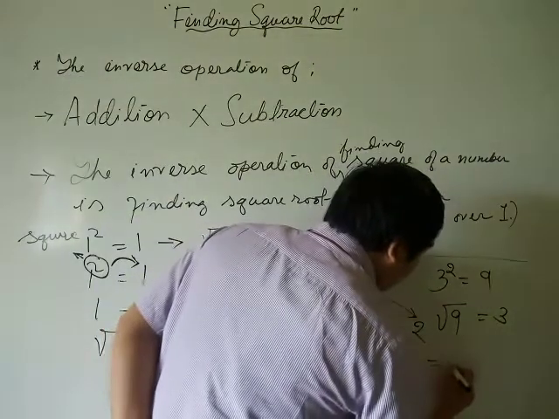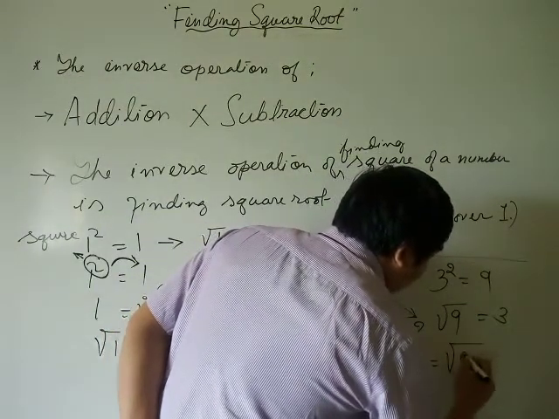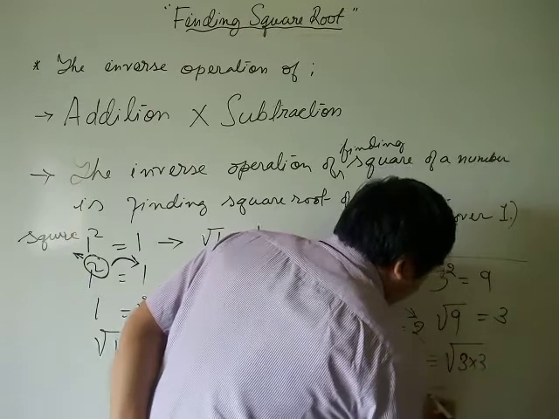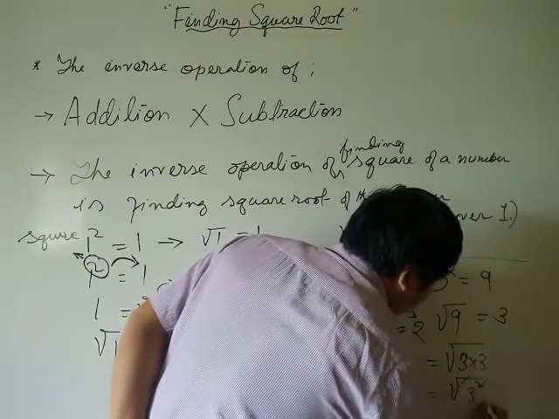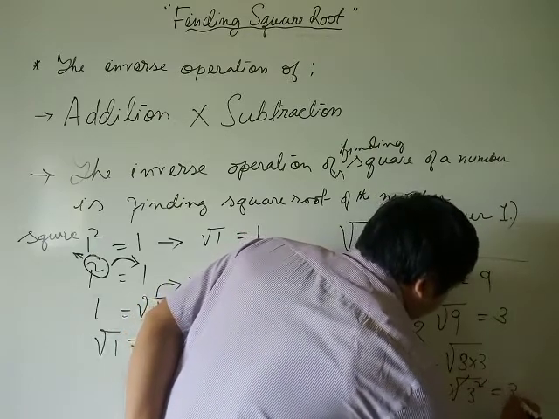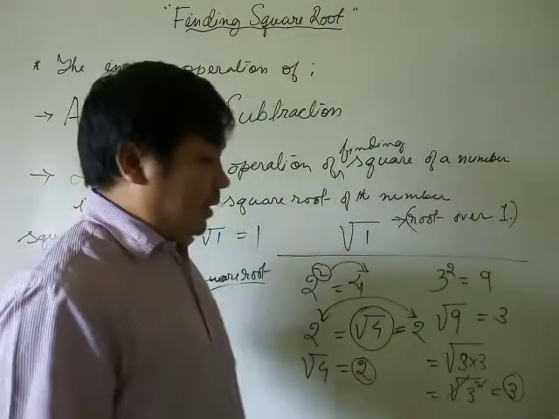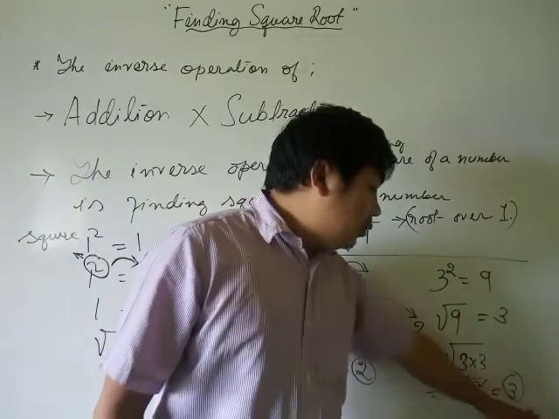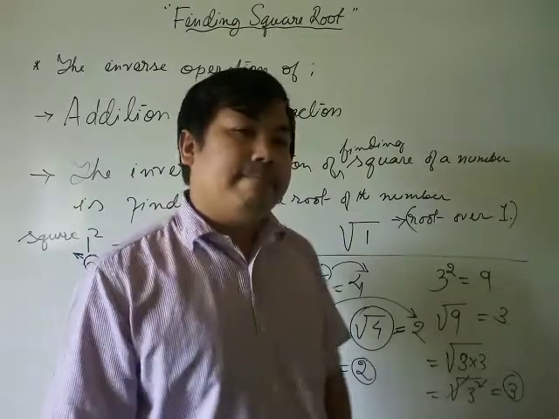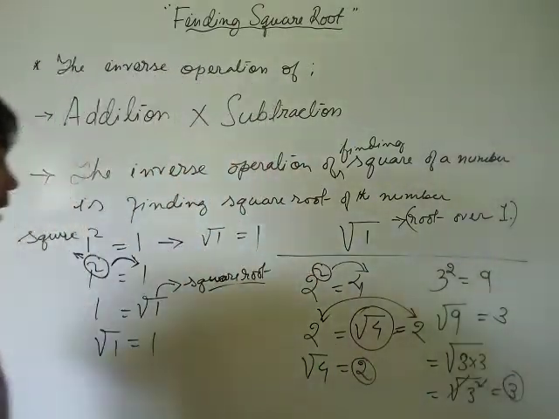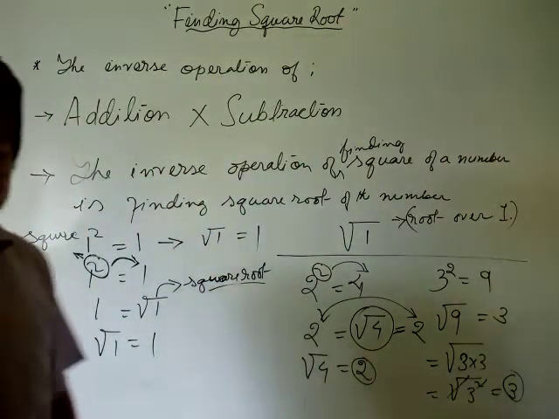Because we know that 9 can be written as 3 into 3. That means root over 3 square. So we can cancel the square and write only 3. So getting 3. Finding the square of this number 3 is the inverse operation of finding the square root. Okay, so let us see next.